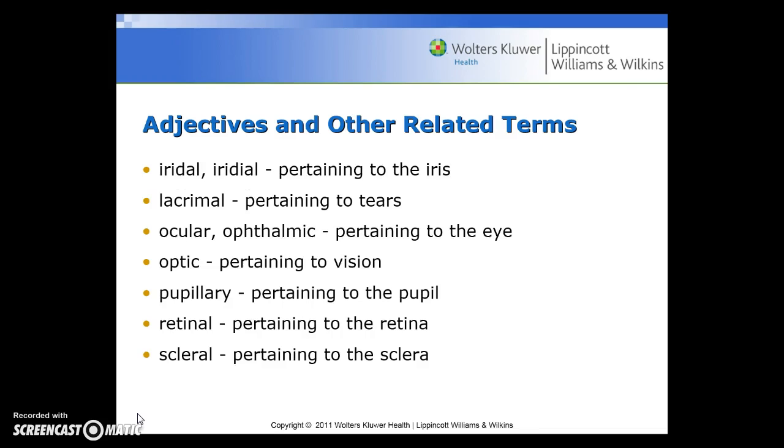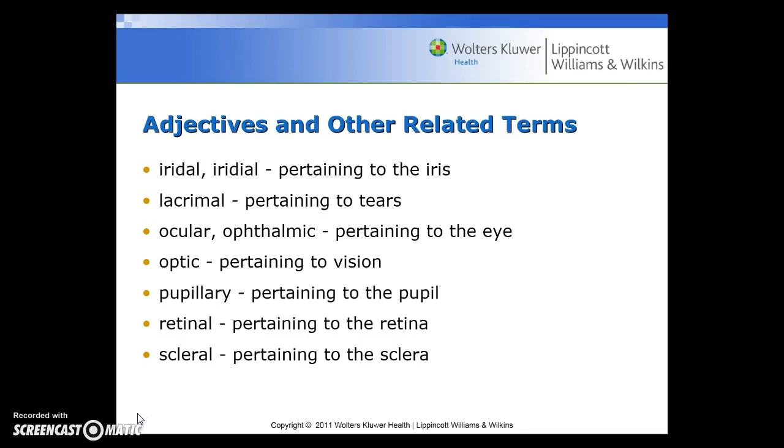Iridal or iridial for pertaining to the iris; lacrimal for pertaining to tears; ocular or ophthalmic for pertaining to the eye; optic, pertaining to vision; pupillary for pertaining to the pupil; retinal for pertaining to the retina; and scleral for pertaining to the sclera.